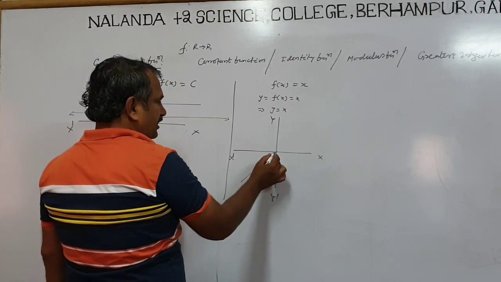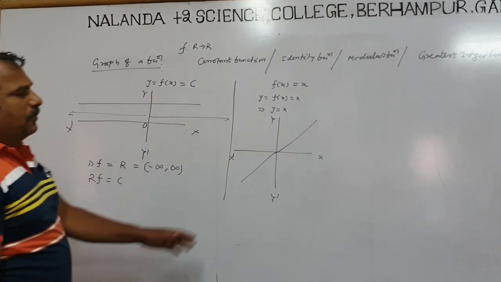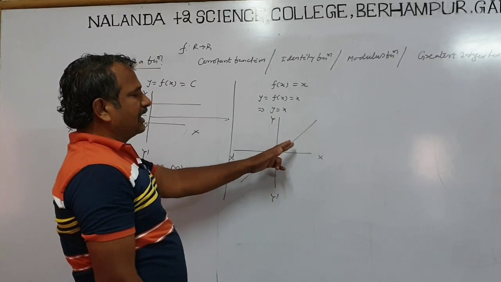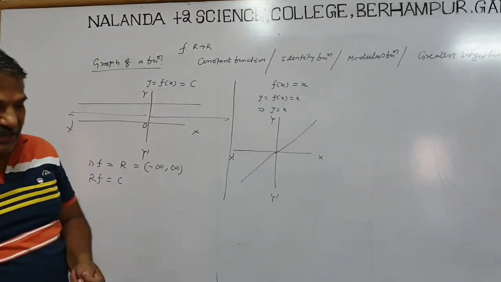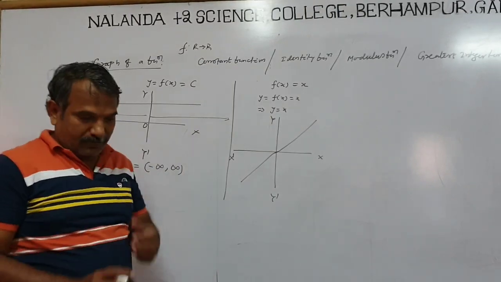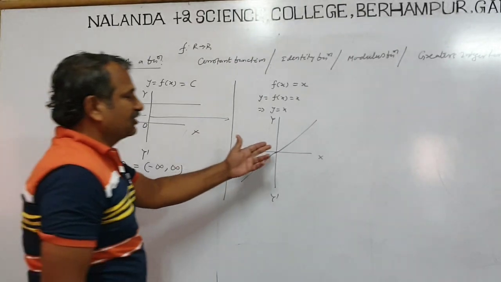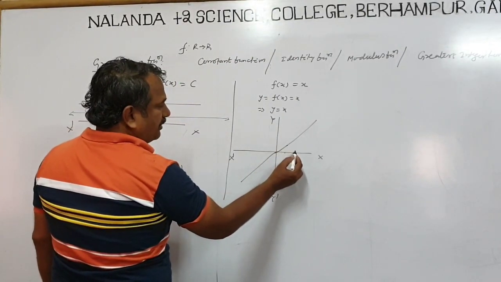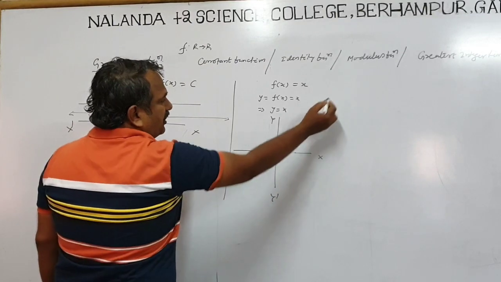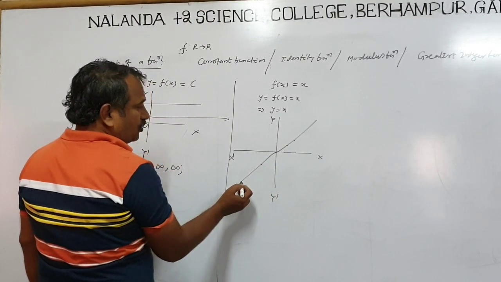This is a line passing through the origin. We already discussed the identity relation. For x equal to 1, y equals 1. If x equals 2, y equals 2. If x equals minus 1, y equals minus 1, and minus 2.